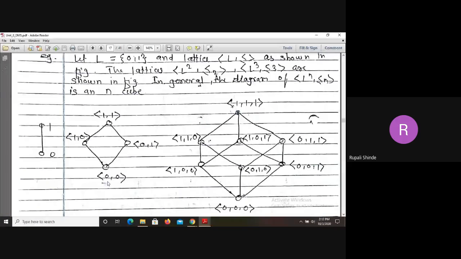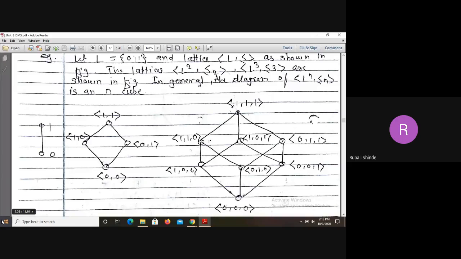So first element is 0, 0, second one 0, 1, third one 1, 0, and last one 1, 1. So here we have formed larger lattice from original lattice L. So this is L, second one is L square. Now suppose we want to form L cube. आता L cube घेतला तर elements किती येतील L cube मध्ये?